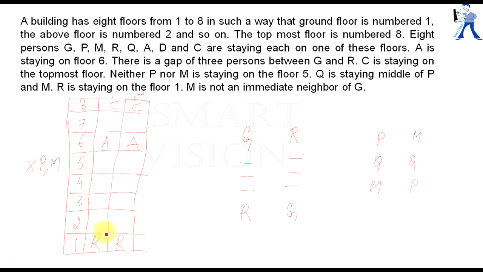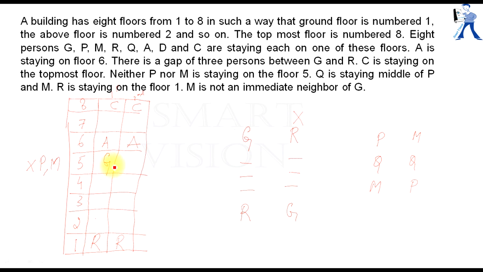And if we see these 5 places, this is not a possibility because R is coming on the first floor, so he won't come in the upper floors. So this is the possibility we will place here. There are 3 persons in between, 1, 2, 3, and G. G will come here. Then again, M is not an immediate neighbor of G.